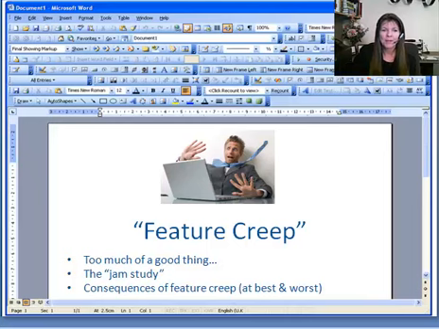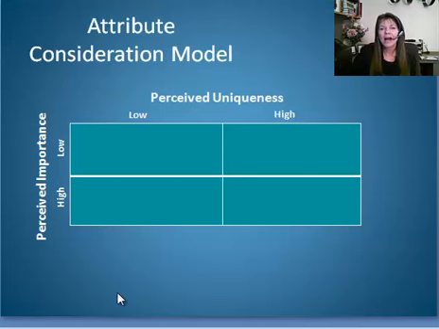Now, when we talk about attribute consideration in this third step of the model here, we have got to include this model. So let's take a look at this. I'm not going to test you on this really. I didn't even list it on your study guide, but it's still interesting and it makes a lot of sense.